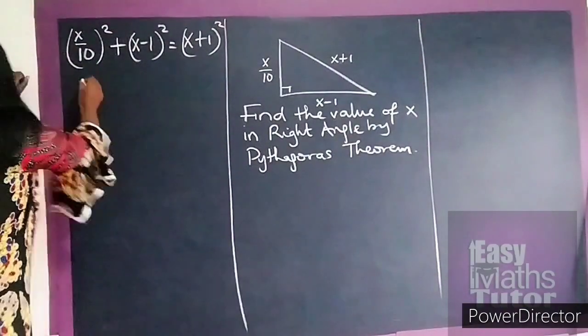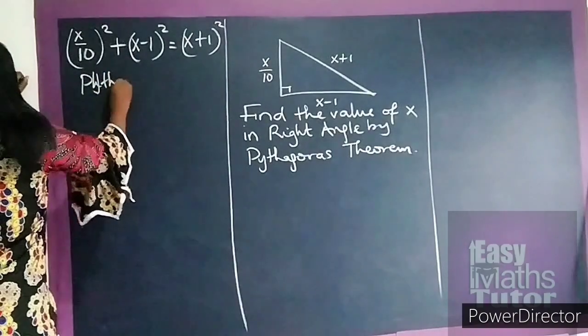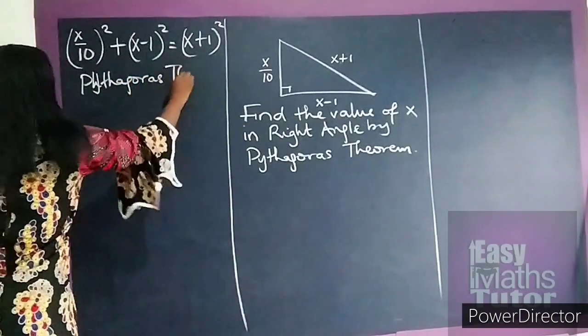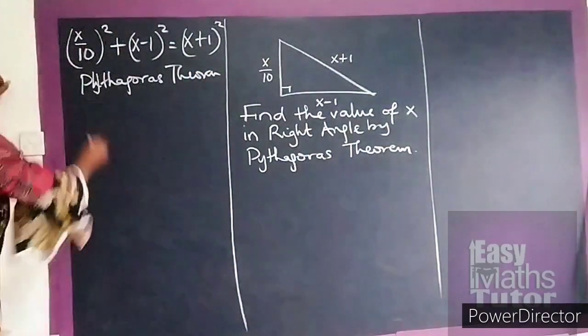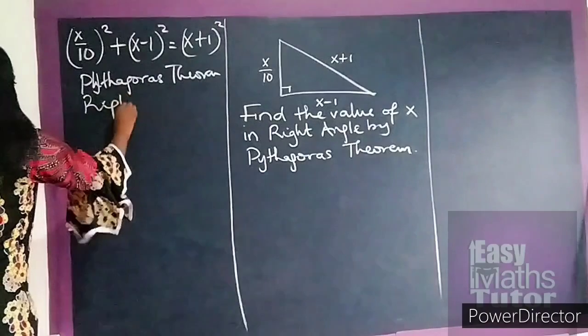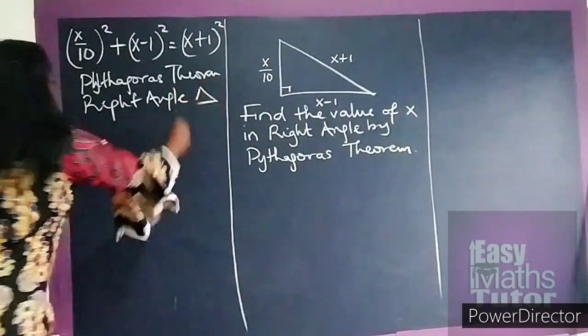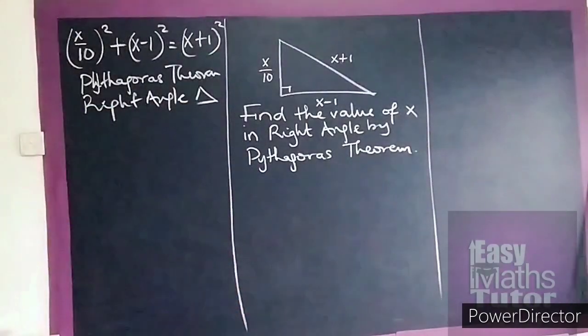So we follow Pythagoras theorem, right? And this happens only for a right angle triangle.